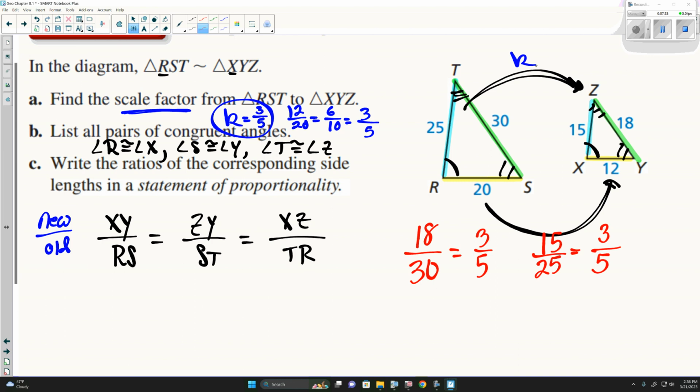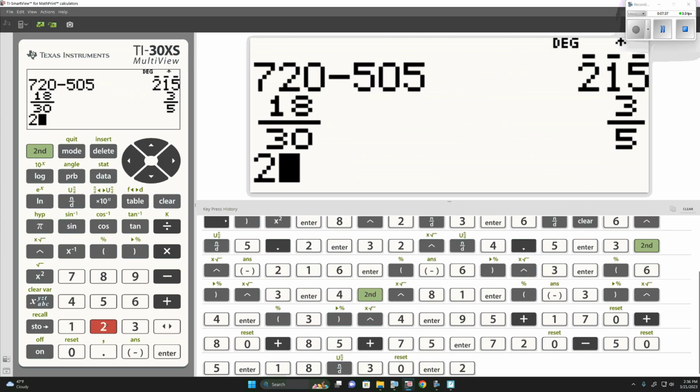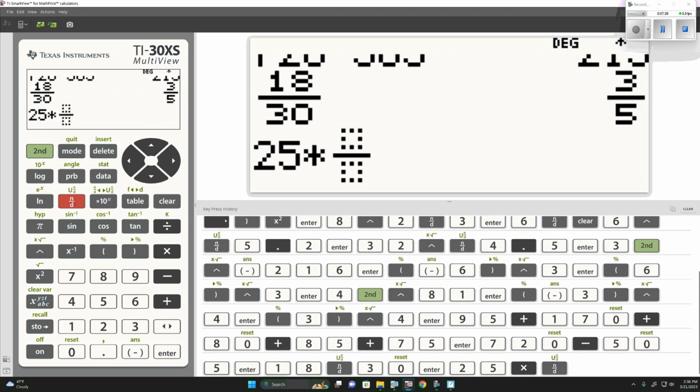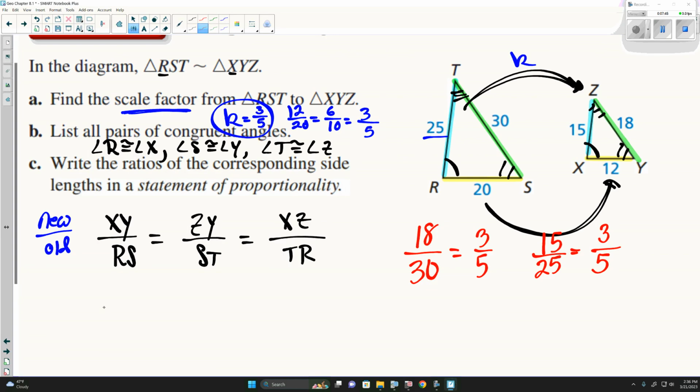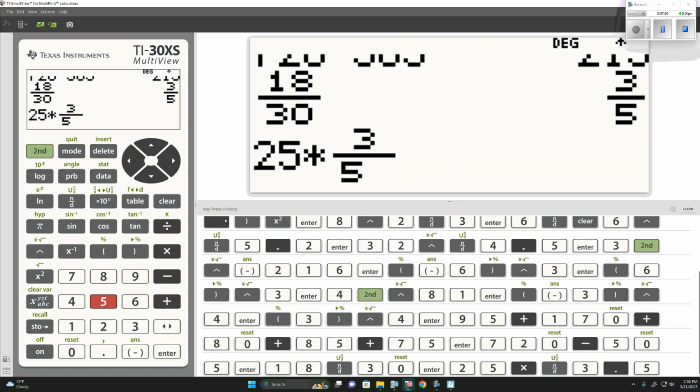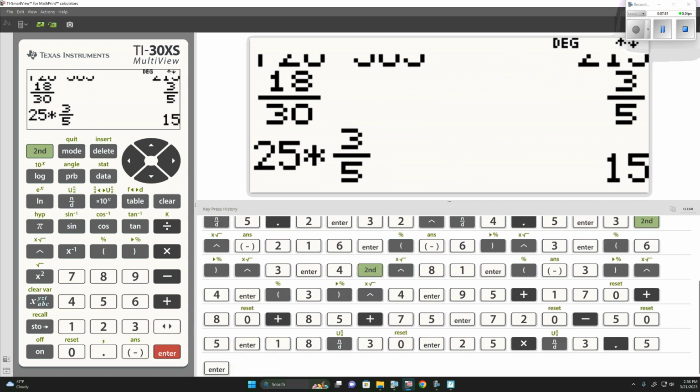And again, the scale factor is what we're multiplying the first one by to get to our other lengths. So if we multiply 25 by 3/5, what should we get? What's the side that matches up to it? Let's see what we get. 15, we get that length.